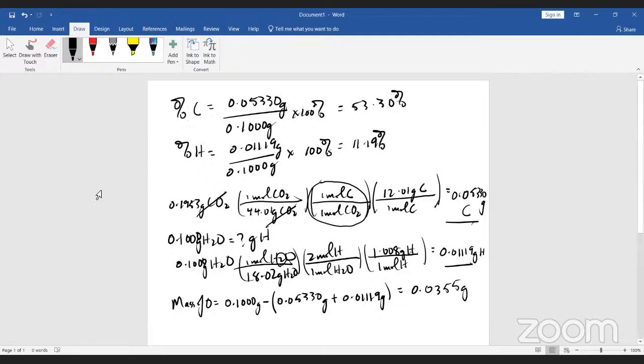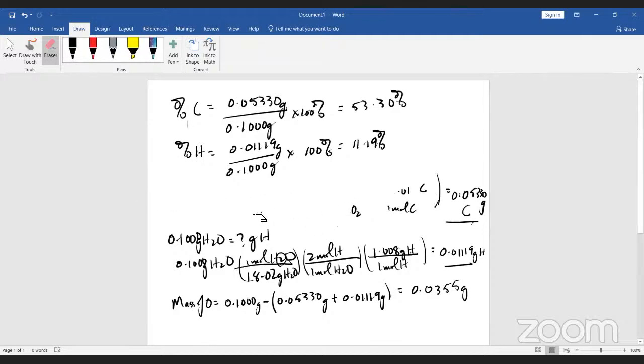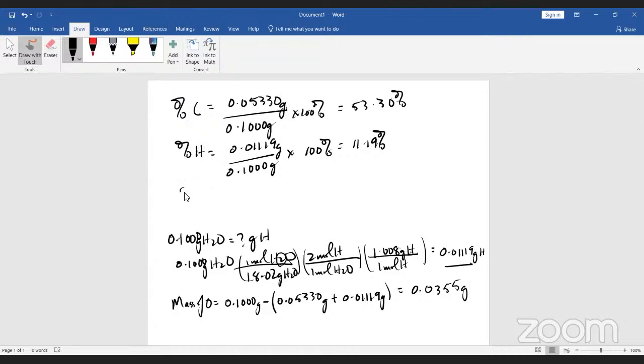And then I'm going to need some more space again. For the oxygen, the percent of oxygen would be equal to 0.0355 grams divided by 0.1000 grams times 100%, and that would be equal to 35.5%. And that's basically how you solve the A part.